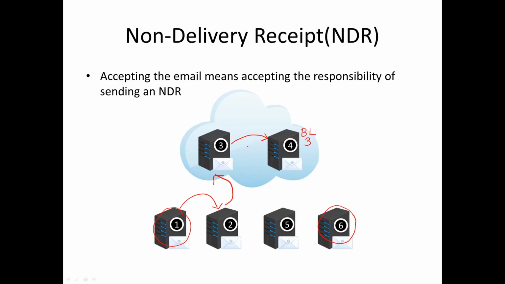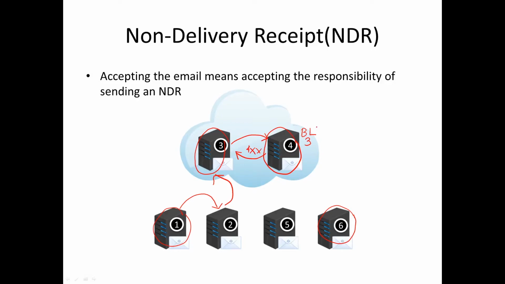So, upon establishing the connection, SMTP server 4 sends a temporary error. So, let's say it's a temporary blacklist, so that's 4XX. The question is, who will be the one responsible for sending an NDR to the sender? That's right, it's SMTP server 3, because SMTP server 4 didn't receive the email at all.